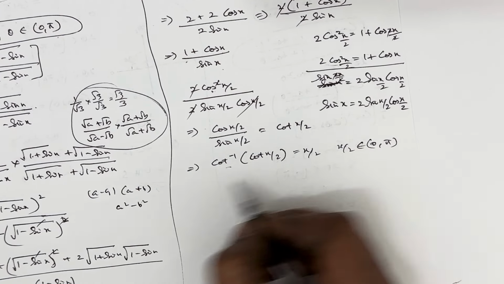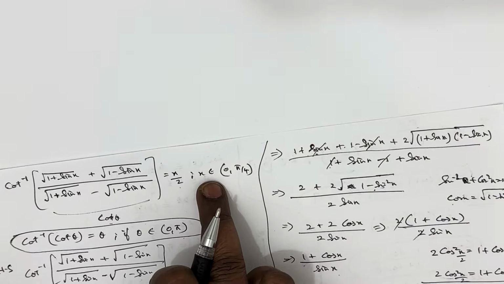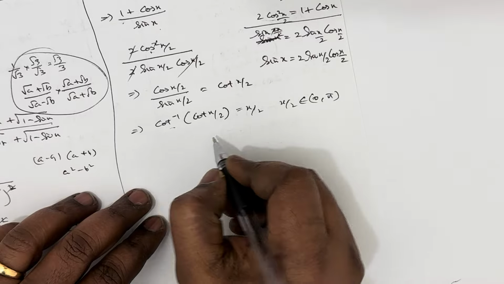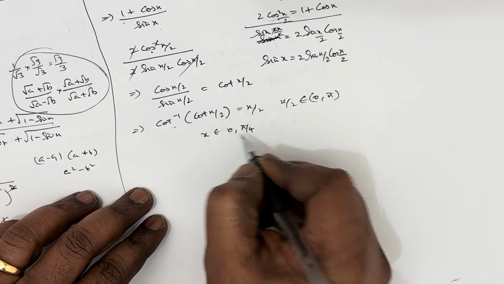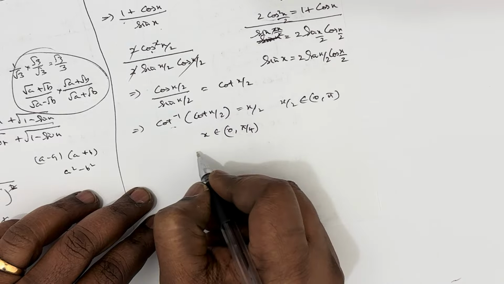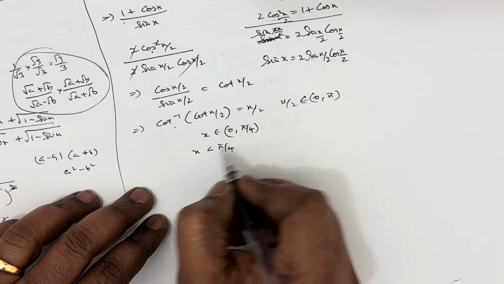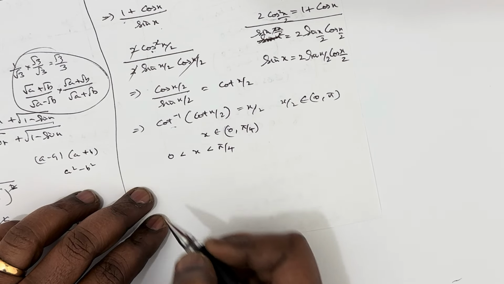Now let's find out whether it's in the range or not. So here its given condition is x belongs to 0 to pi by 4. We can write this as x less than pi by 4, not equal because this is an open interval, and greater than 0.